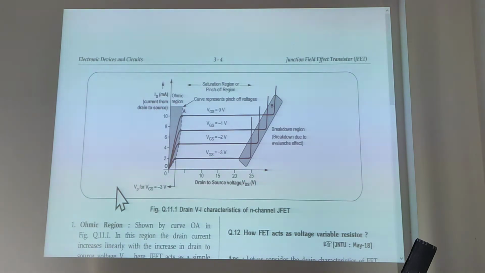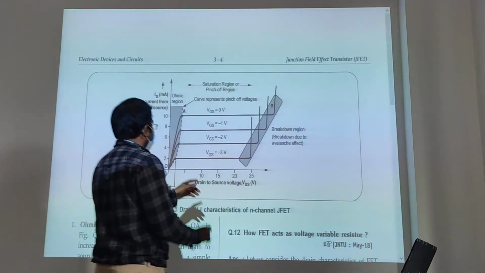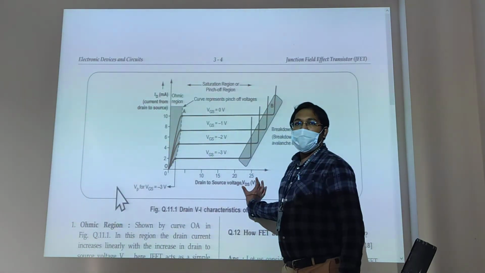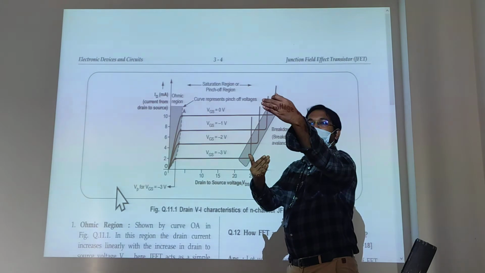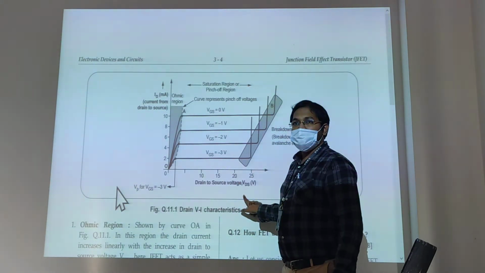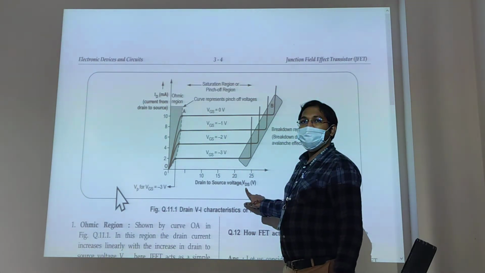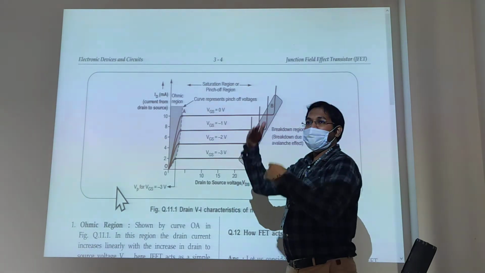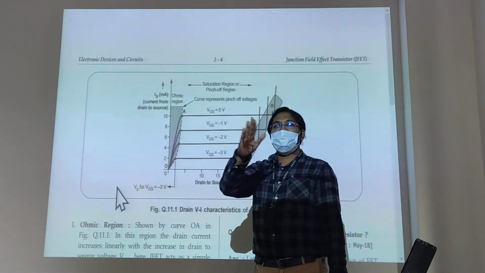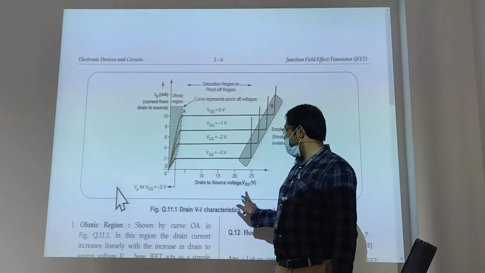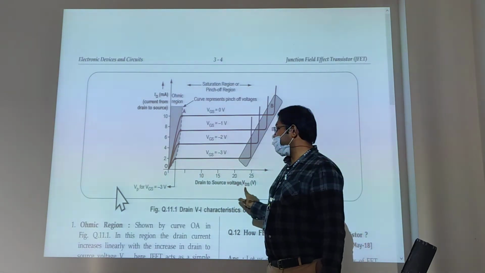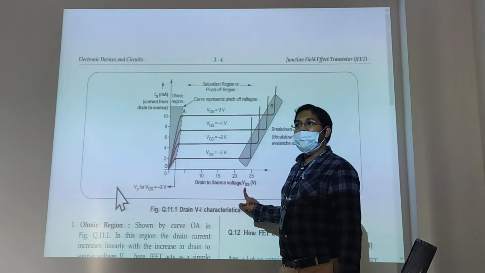Resistor. The FET we can replace by a resistor. But where will you replace? Whether I should replace the FET with a resistor at gate to source or drain to source? What is the x-axis? Drain to source.